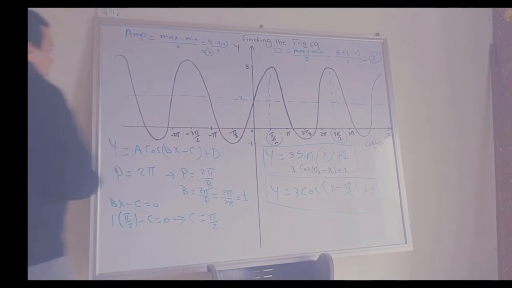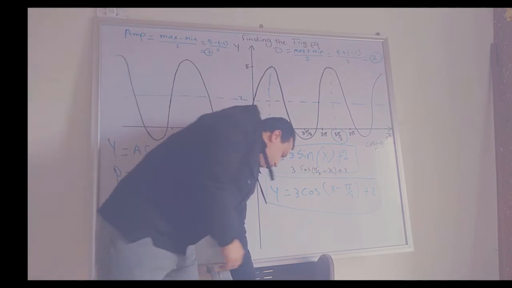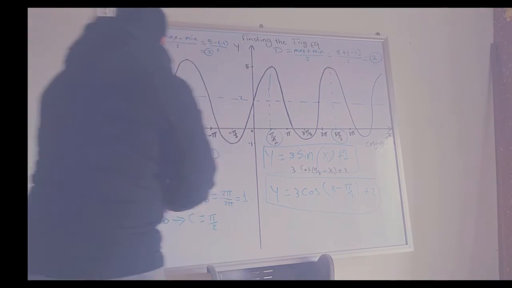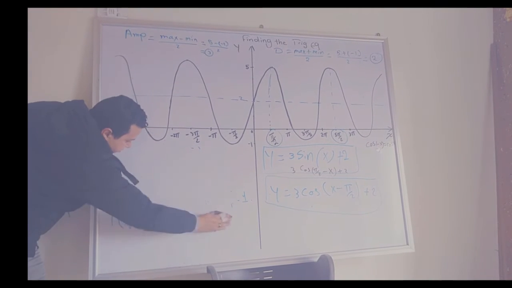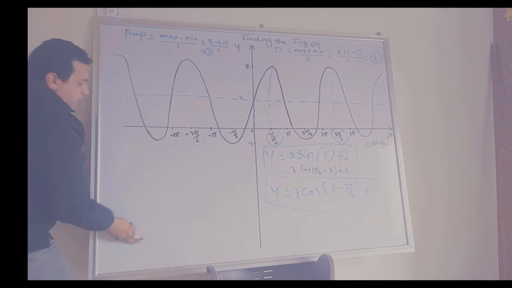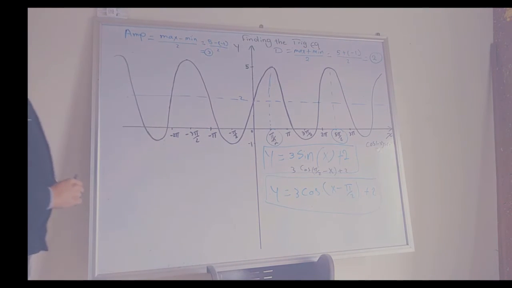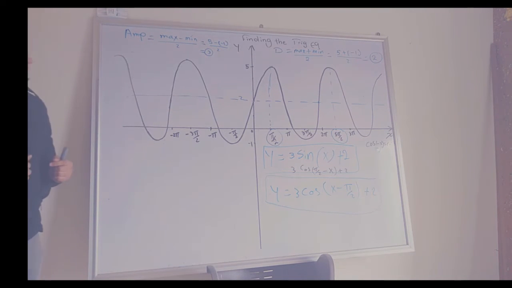Can you think a little about another method to find the equation of this curve? Let's see how to use another method. This depends on the point at which I start.